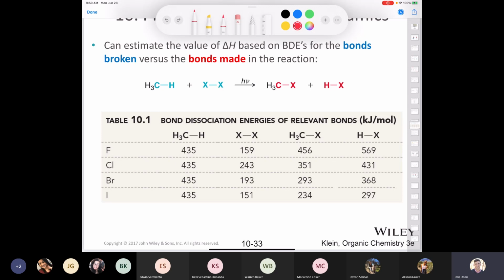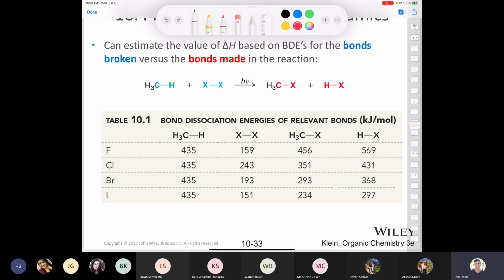So here we have the bond dissociation energies for the halogenation of methane, either using fluorine, F2, chlorine, Cl2, bromine, Br2, and iodine, I2, right? We have all of these different values here for bond dissociation energy. So let me just show you how to calculate one of them. And again, this is a review of chapter 6.